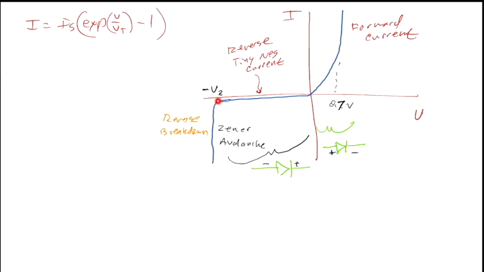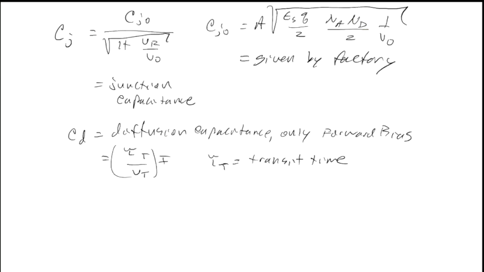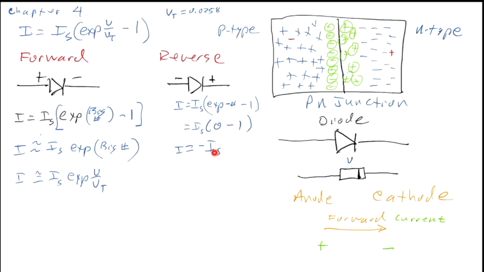It doesn't fit into the equation as nicely, but we've got this negative tiny current, which might be 1 e to the minus 15 amps or something, right? It's a tiny current, but basically we've got 0 minus 1, so we have minus IS. Those are your two. This is one or the other for most cases. If we get very close to 0, then we have to worry about that minus 1, but most of the time we don't have to worry about that.